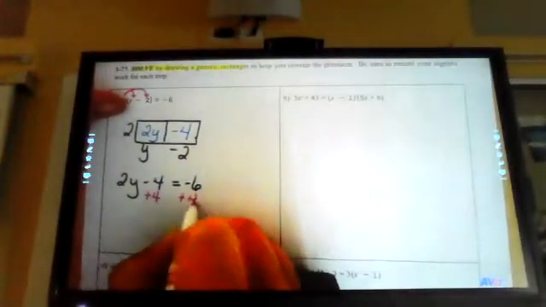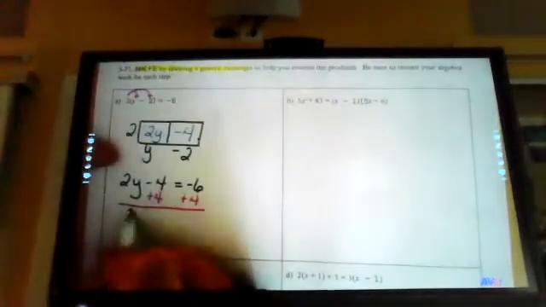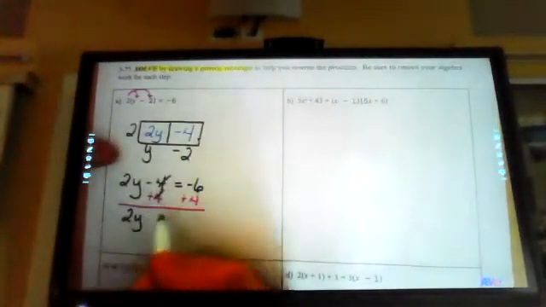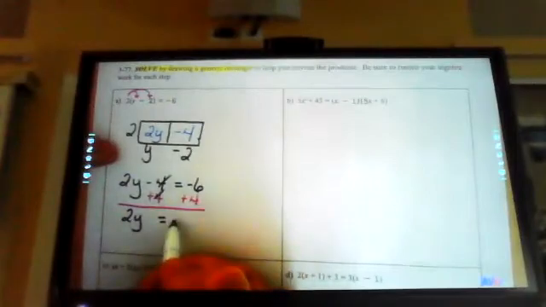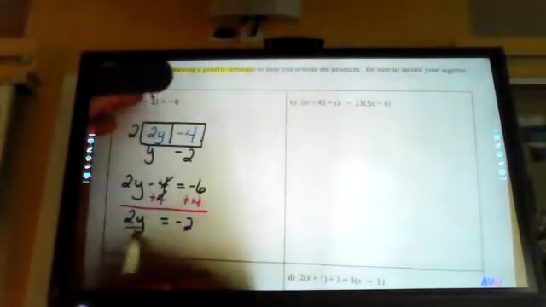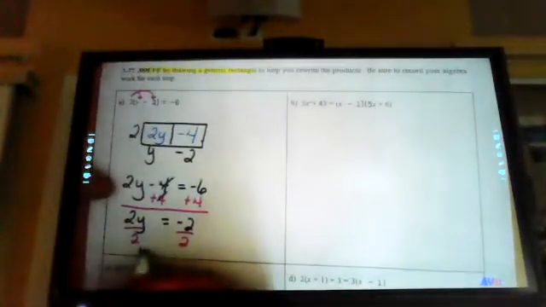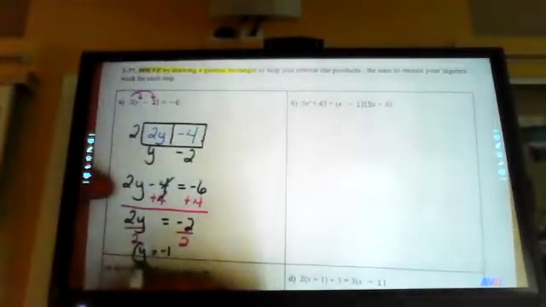Well, I have to undo that and I'm going to add 4. So then I get 2y on this side, those go to 0. Negative 6 plus 4 gives me a negative 2. I divide by 2 and I get y equals a negative 1.